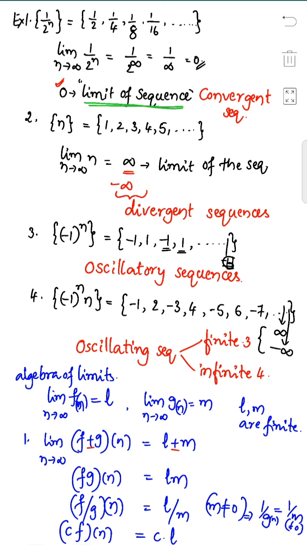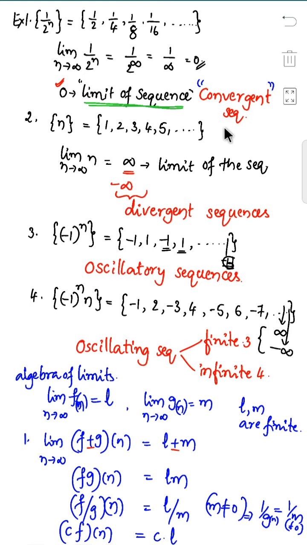The algebra of limits can be applied in the case of convergent sequences, but not in the case of divergent or oscillatory sequences. They fail to hold the limits.